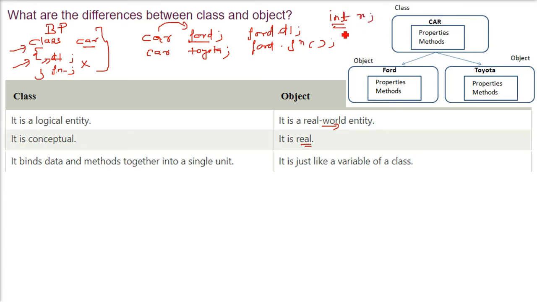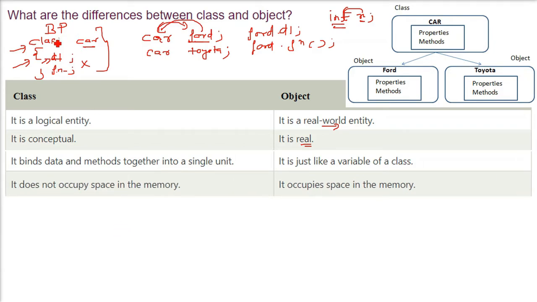So int here is the class, the user defined entity, and x is a variable of type int. So here we have the object which is of the type of class. So Ford is an object of type car.